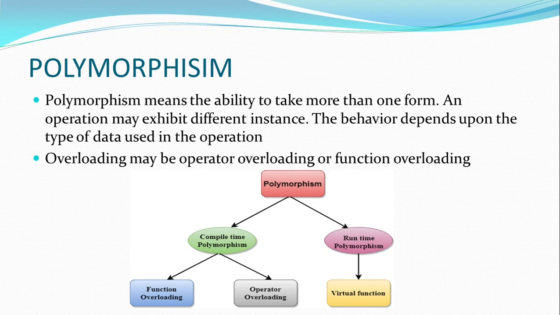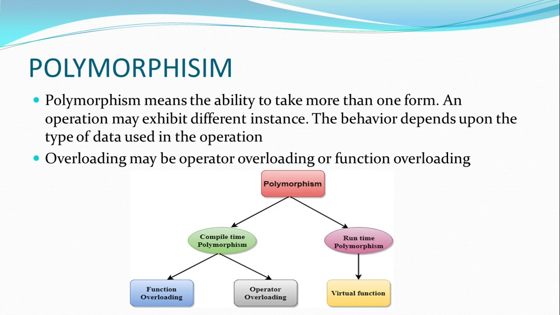Function overloading: the same function name can be used for different purposes. For example, if we use shapes as the function name, we have different shapes such as circle, oval, rectangle, square, and polygon. These all depend upon the arguments. If we give the radius as input, it draws a circle.